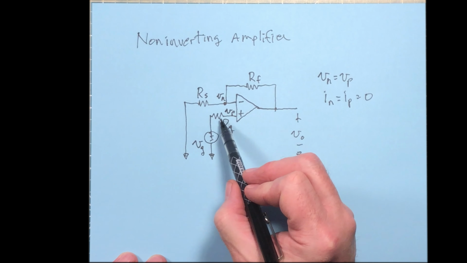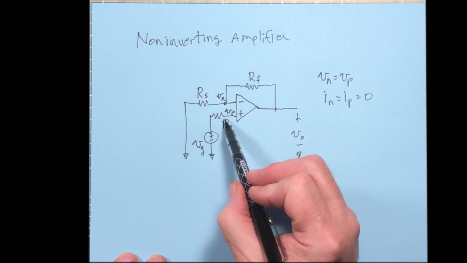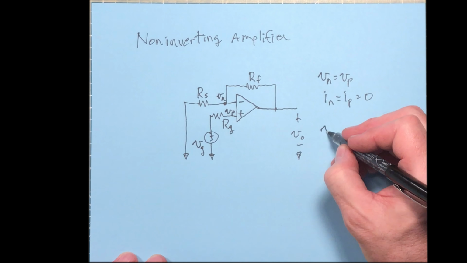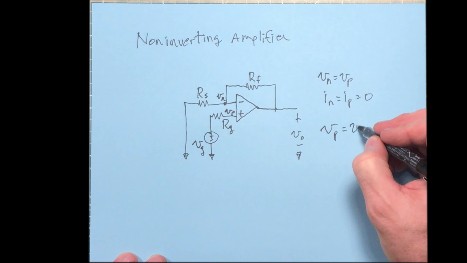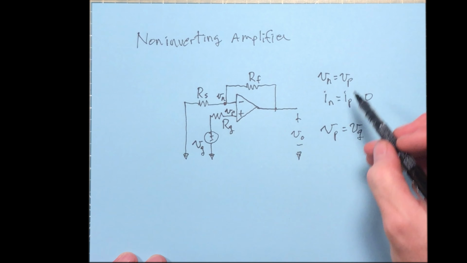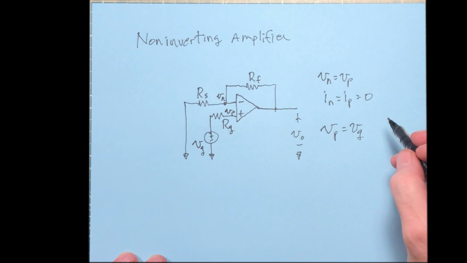So what does that mean? That means there's no current passing through R sub G, so there will not be a voltage drop across R sub G. That means that V sub p is going to equal V sub G. So we can write that down, V sub p equals V sub G. You just determine that by inspection using the ideal op-amp constraints. That also means that V sub n is the same.